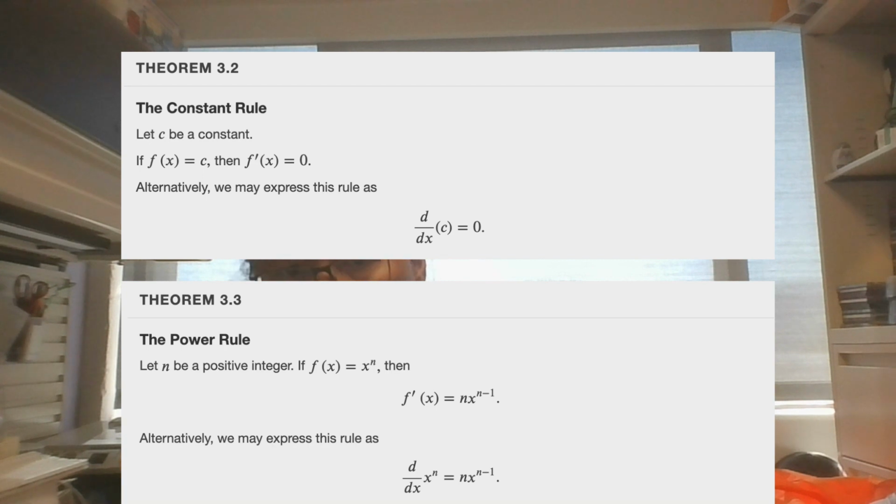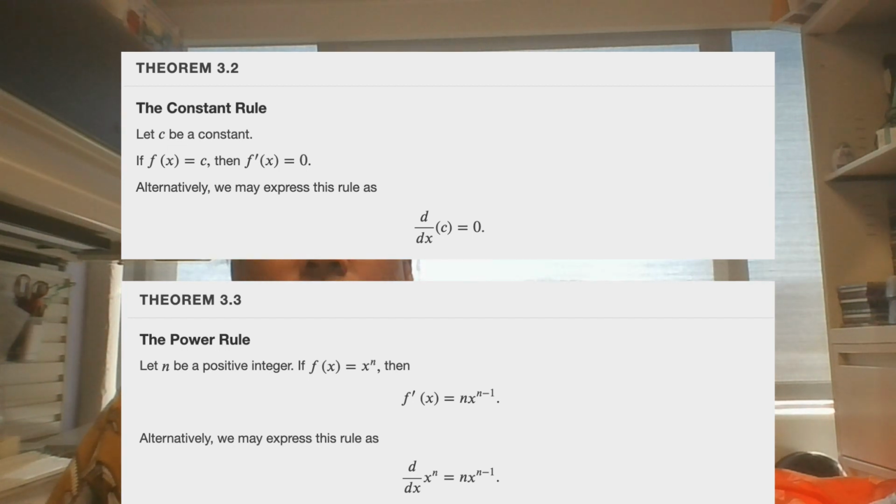In fact, the way to prove this works for positive integers, and the way the book proves it for negative integers, is to assume the quotient rule.